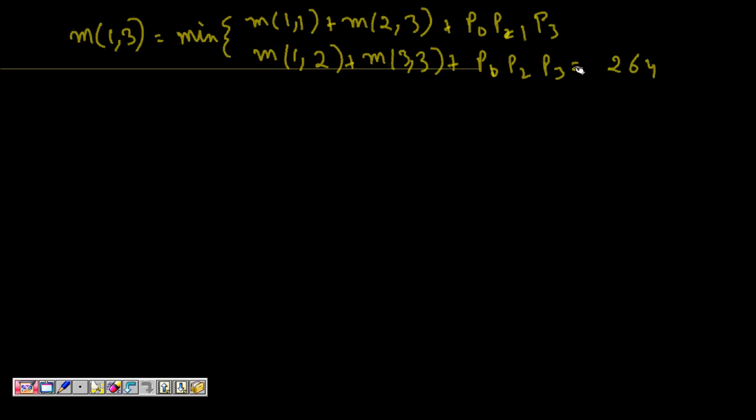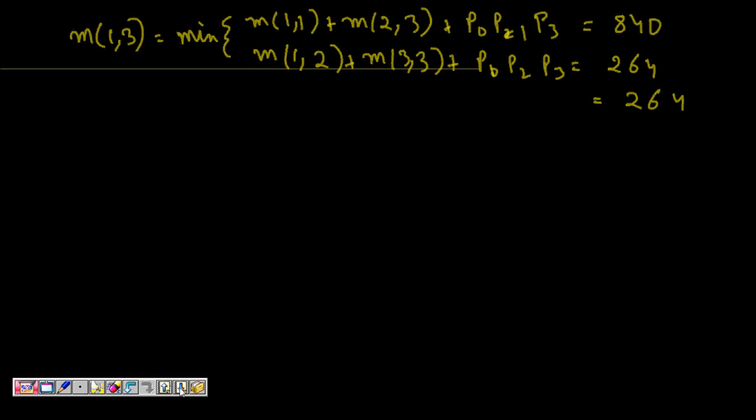And the other one is M1 comma 1 plus M2 comma 3 plus P0 P1 P3, that comes out to be 840. Okay, so the minimum of this is 264.